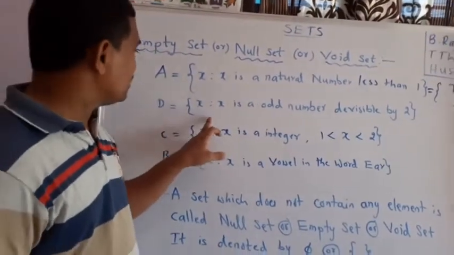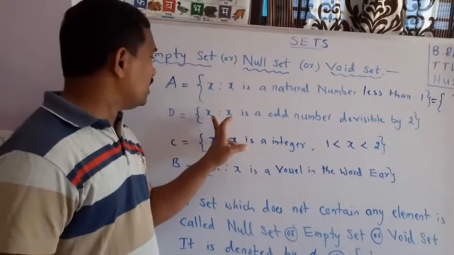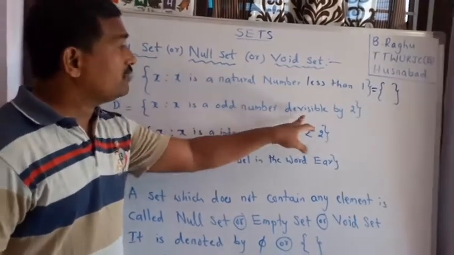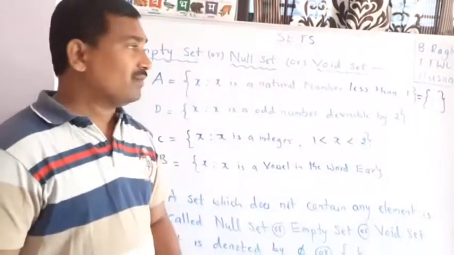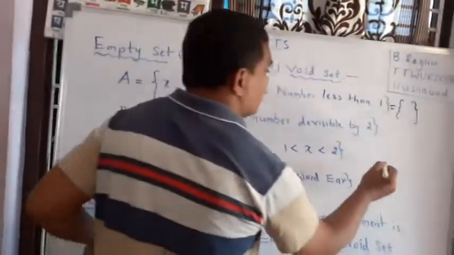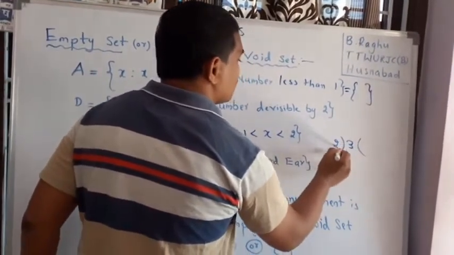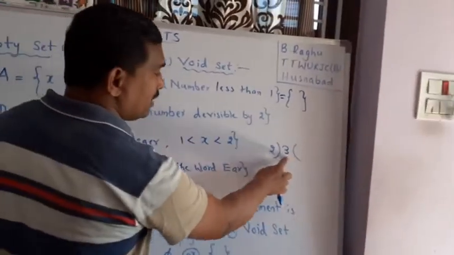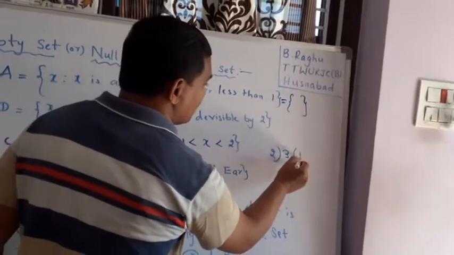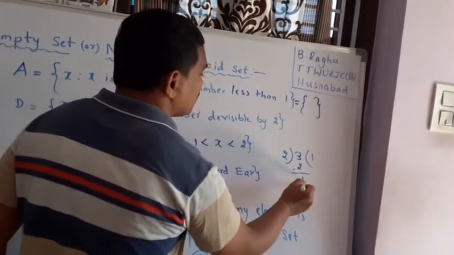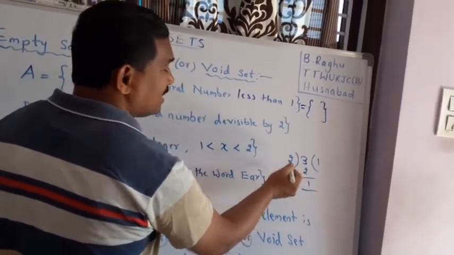D is the set. X is an element, that is, X is an odd number divisible by 2. For example, if you take 3 as the odd number, let us divide it by 2. Dividing 3 by 2, 2 ones are 2. What is the remainder? 1. So 1 is smaller than 2.